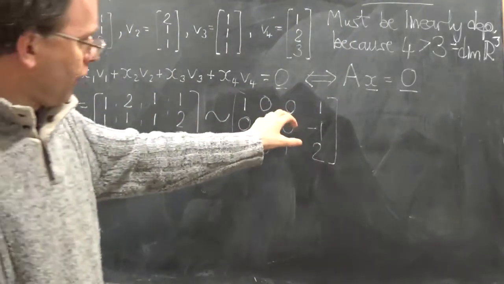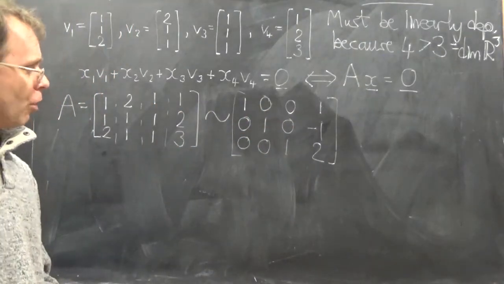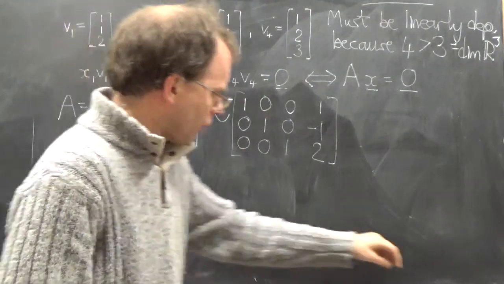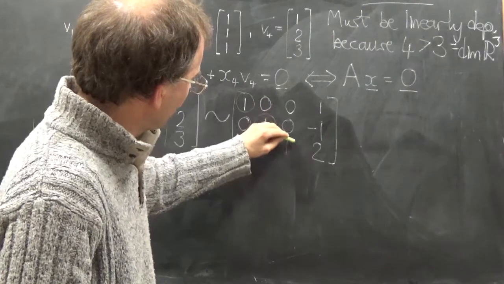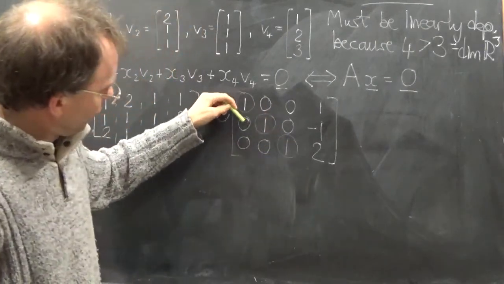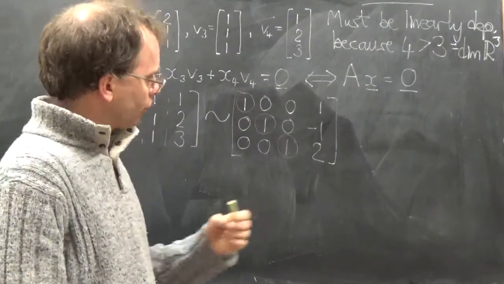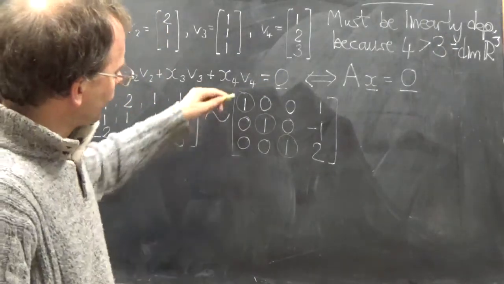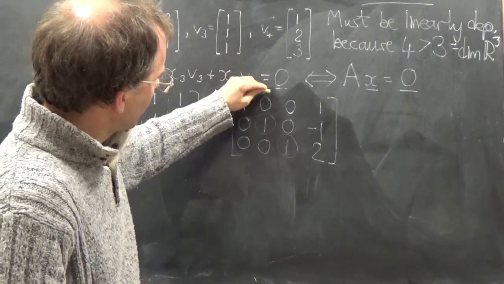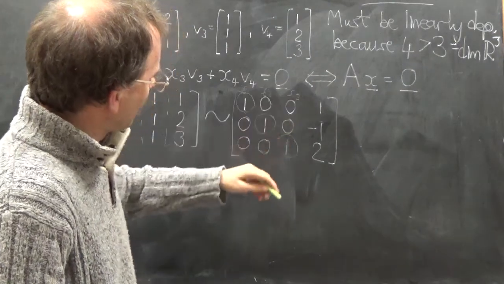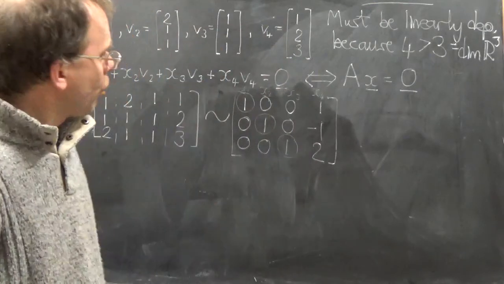So this is a row equivalent matrix, but it's in reduced row echelon form. We've got these leading ones, these pivots, in the first 3 columns, and notice they have zeros both below and above those leading ones. These mark the dependent variables, x1, x2 and x3, and the other column corresponds to the independent variable x4.